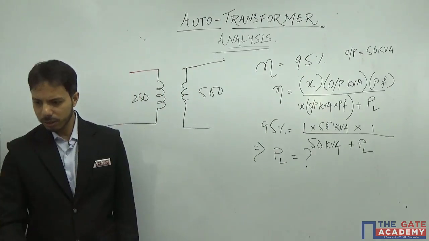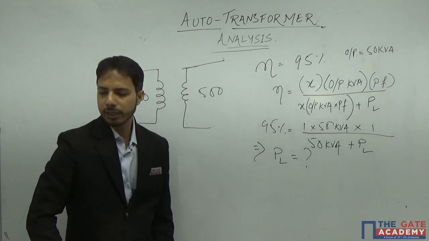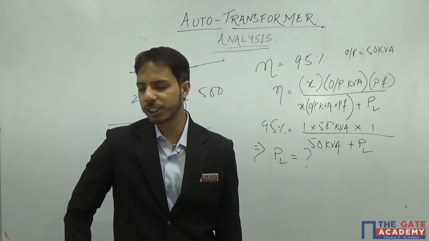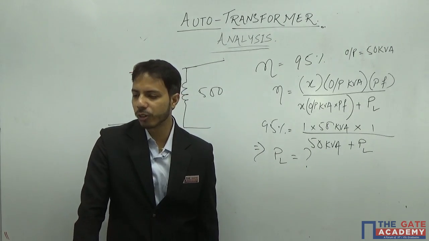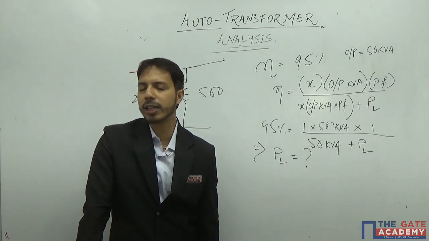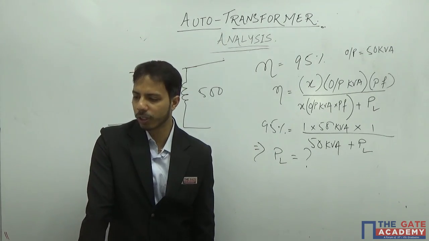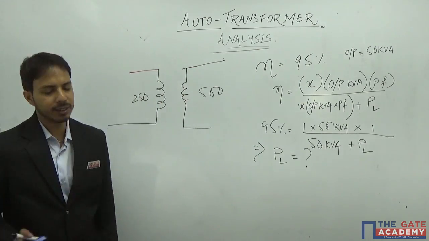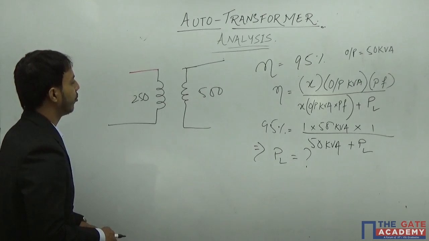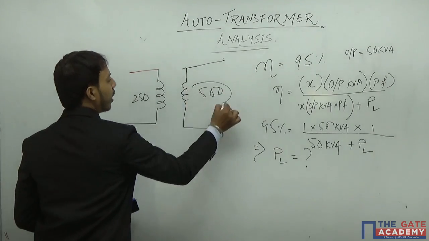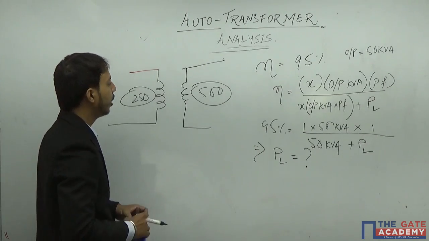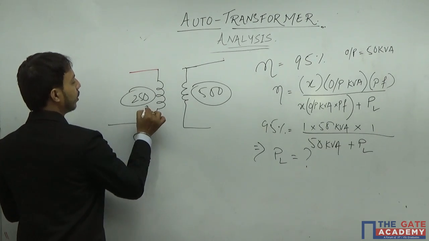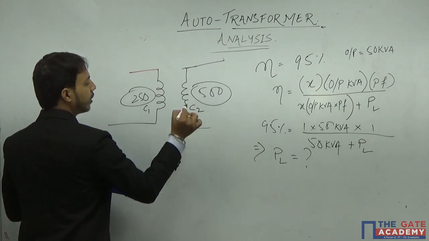Okay. Now it is said that this particular construction is reconfigured as an auto transformer with 500 volt and 750 volt. That means how to connect this 500 and 750. Definitely I have added this on one side. Okay, this is additive polarity. So 500, say this is C1 and this is C2.